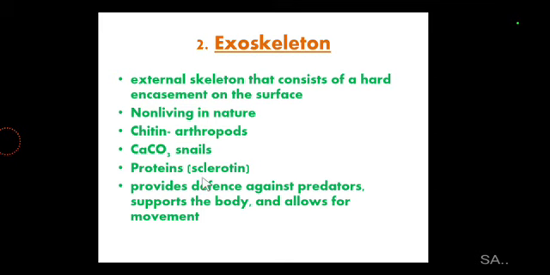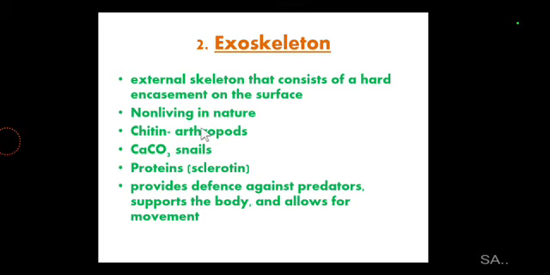Now I just want to tell you that though the exoskeleton is not living in nature, once it needs a change, it needs to rebuild. Then the old exoskeleton is shed off by the animal's body, and it is replaced by the new one, and that process is called molting.